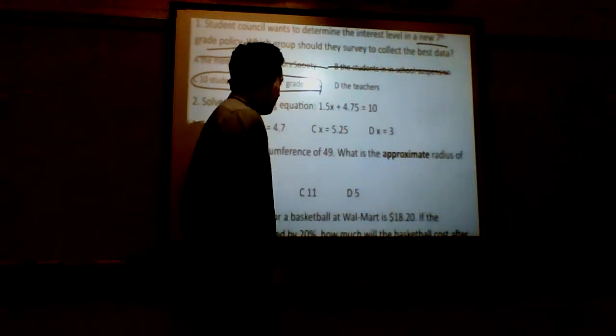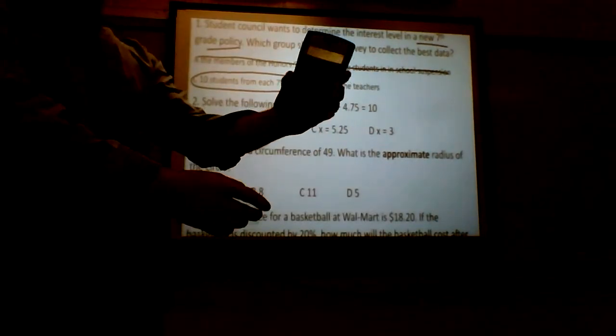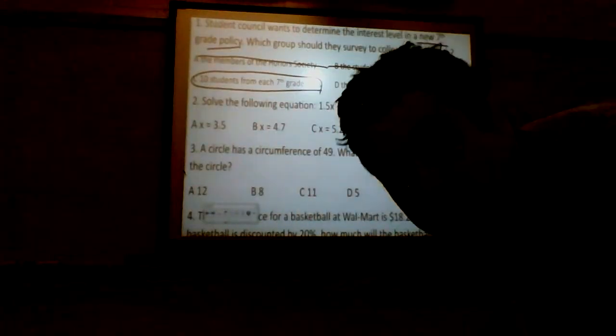Question 2, solve the following equation: 1.5x plus 4.75 is the same as 10. For this and all other algebra problems, you should be using a calculator. It's a tool. It's not a decoration. So, in this problem, our job is to determine what the value of x is.